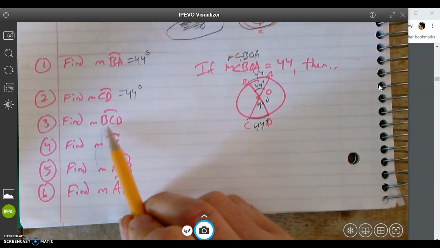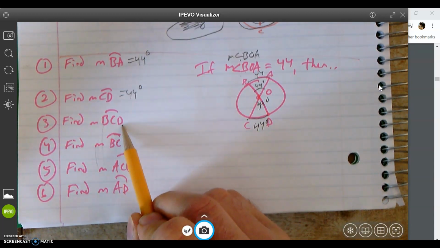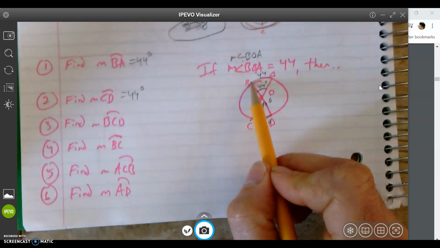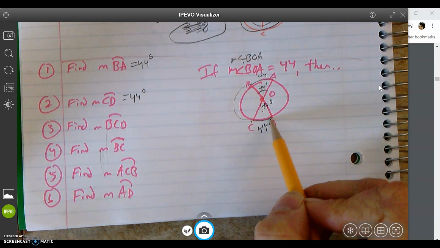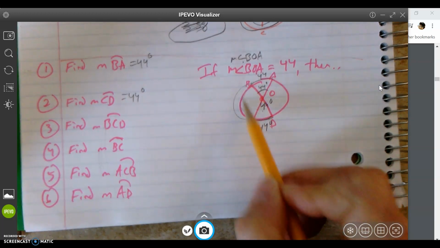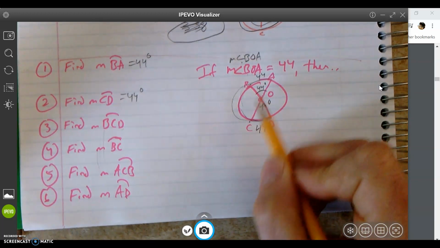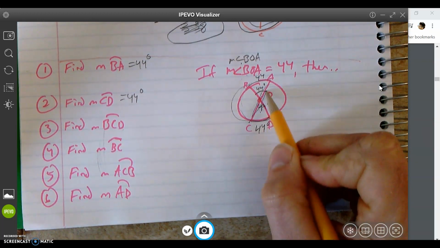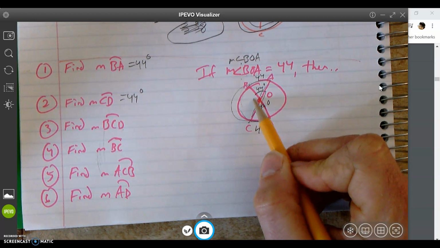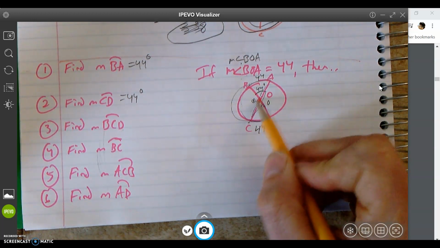Now I have to find the measure of arc BCD, all of this. All right, how am I going to do that? I'm just going to work on the interior right here. See how this is a straight line? That means this angle right here, BOC, and 44 are supplementary.